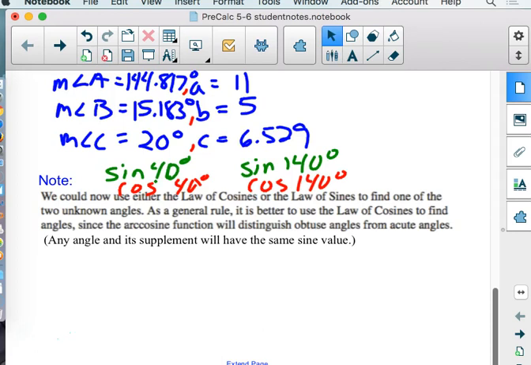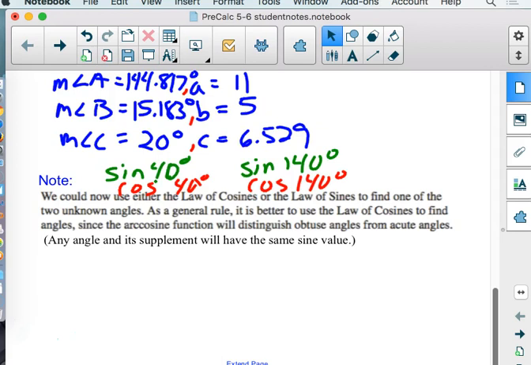Like it says, we could now use either the law of cosines or the law of sines to find one of those two unknown angles. But the safest way is to stick with the law of cosines. As a general rule, it's better to use the law of cosines to find angles, since the arc cosine, the inverse cosine function, does know the difference.